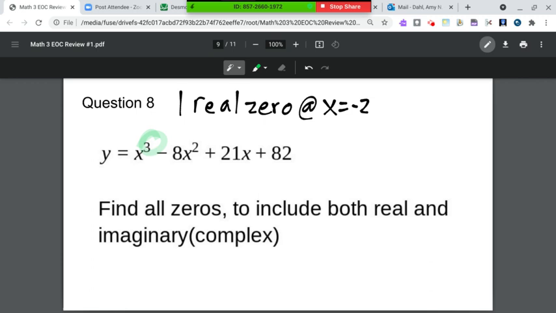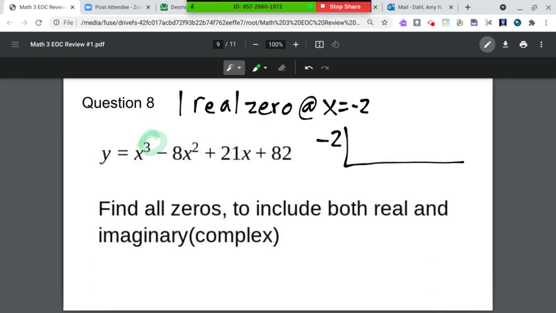That means the remaining 2 zeros are imaginary. I'm going to use synthetic division. I'm going to drop it from a cubic down to a quadratic, and then I'm going to use the quadratic formula.